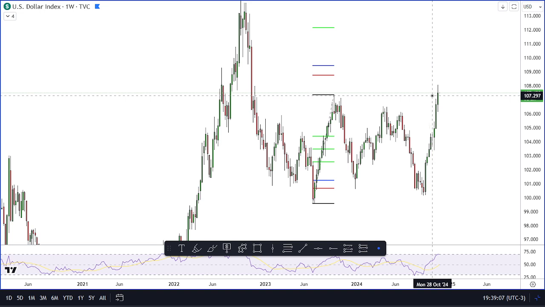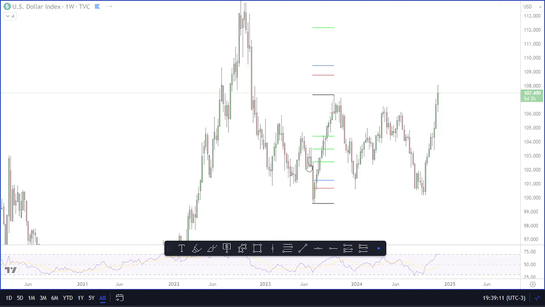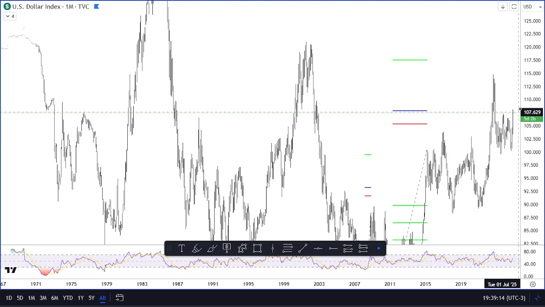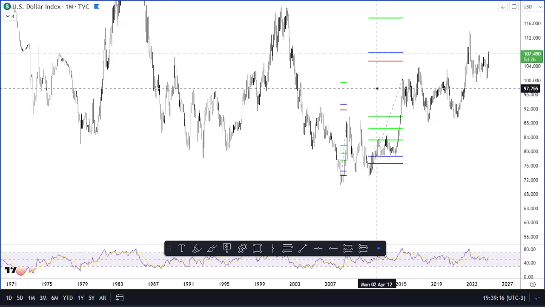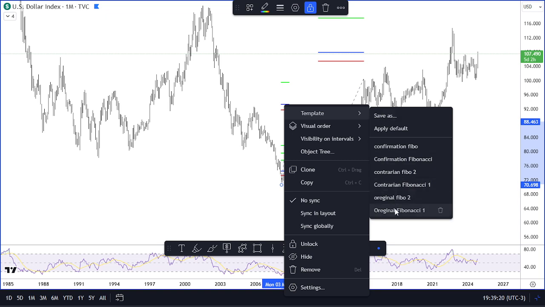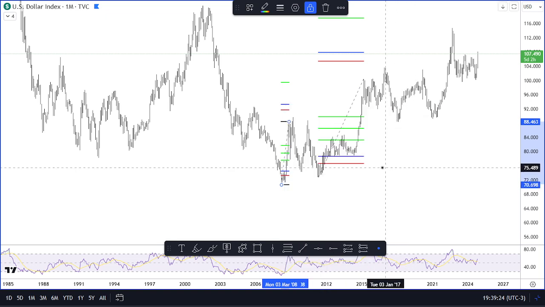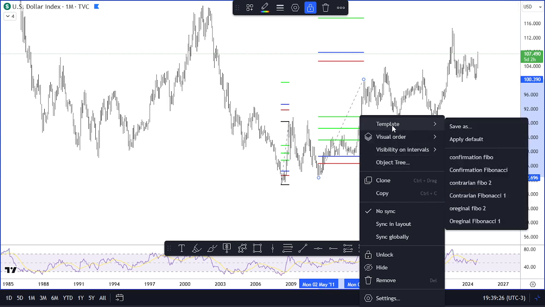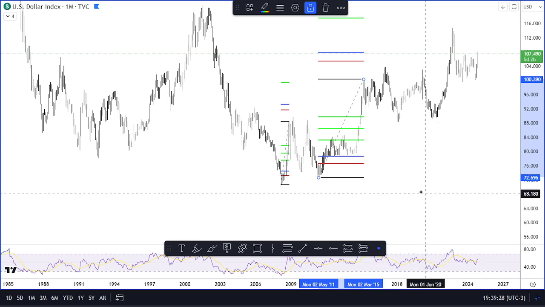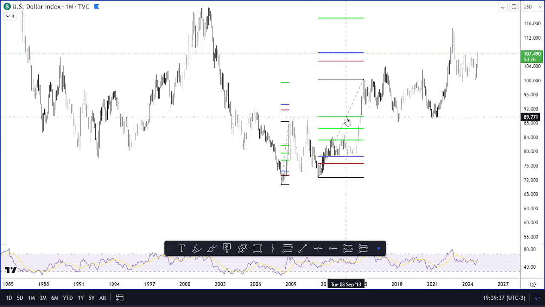Alright, so right here, right now, this is the monthly time frame, and I can see based on my own Fibonacci levels.